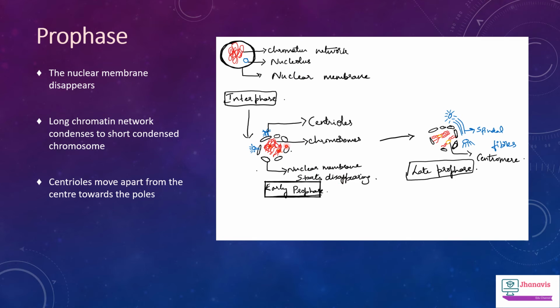But in the early prophase, the nuclear membrane starts disappearing, the centrioles move towards the opposite poles, the chromatin network condenses into chromosomes, and in the late prophase, the nuclear membrane completely disappears, the spindle fibers are formed, the chromosomes become more shortened and thickened, and the nucleolus also disappears in the prophase.